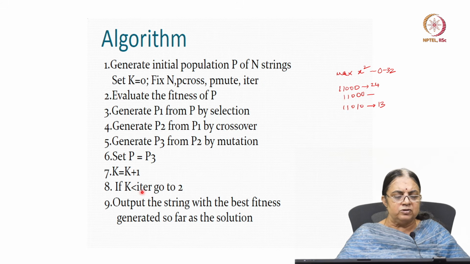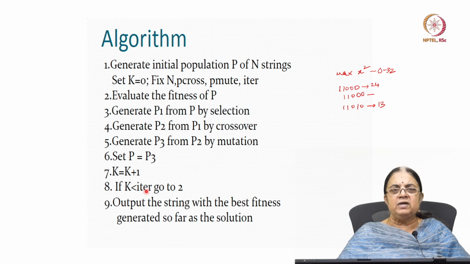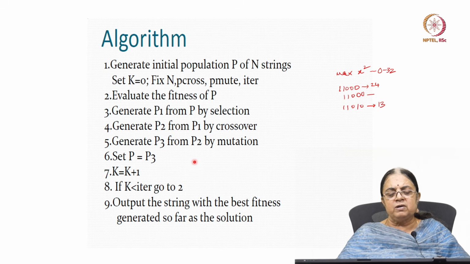Suppose you have set iter equal to 500. Once the 500 iterations are over, you come out, and out of all the strings that you have generated up to this point, output the string with the best fitness generated so far, and that would be the solution that you want.